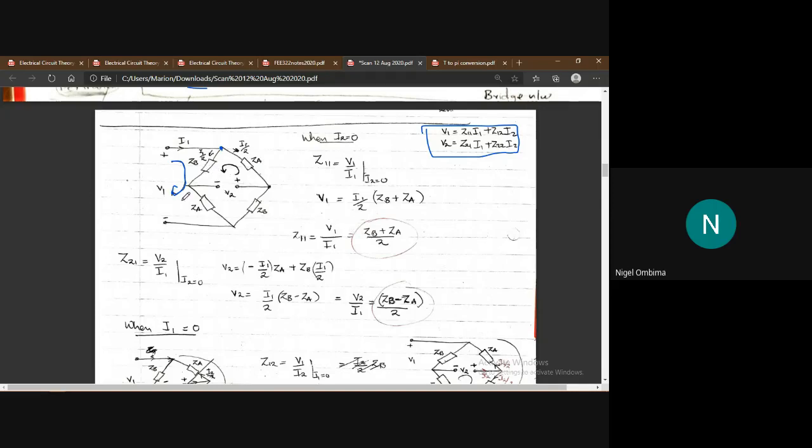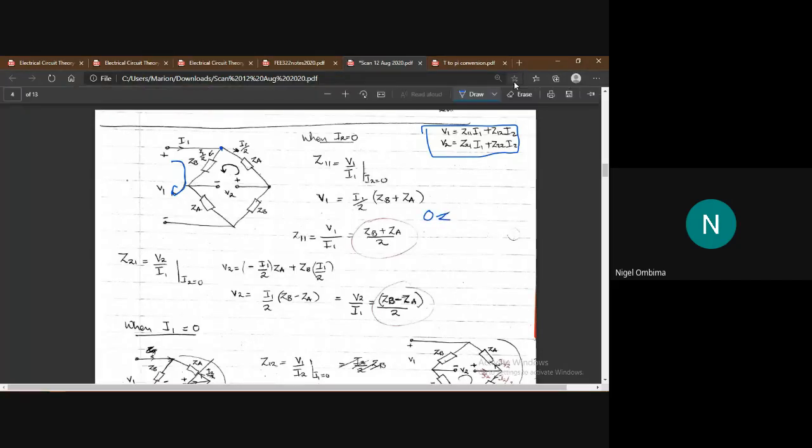So V1 is equals to I1 over 2 here. I1 over 2 will pass through ZB, and it will pass through ZA, na itakuja itoke huku. So I1 over 2 multiplied by ZB plus ZA is equals to V1. Or you can also write that 0 is equals to this.